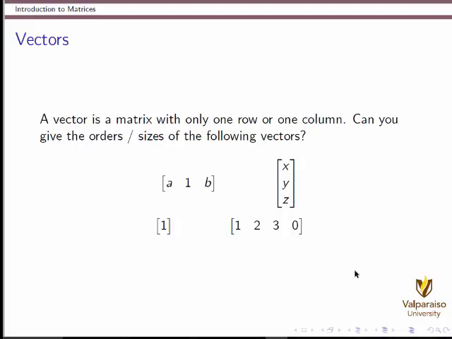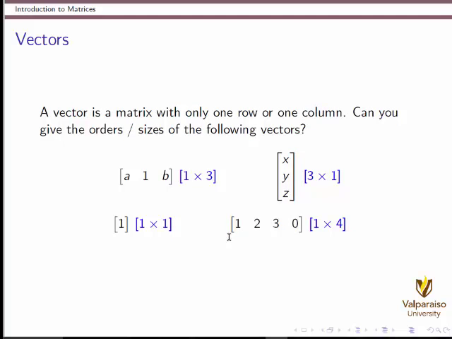It's a vector with three entries. The upper right one has XYZ from top to bottom. That looks like it has 3 rows but one column, so that's a 3 by 1 matrix or vector. The lower left is just a single one. That's 1 by 1. One row, one column. And then the fourth one is 1 row, 4 columns. And so there you can see all the sizing that goes along with these vectors.